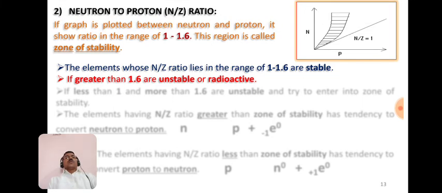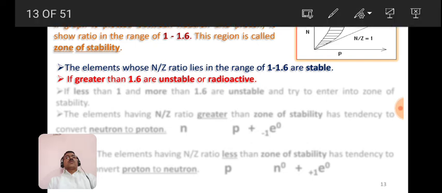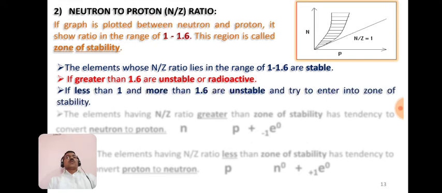If the n by z ratio is less than 1 or more than 1.6, they are found to be unstable, and such nuclei try to enter into the zone of stability. Zone of stability means the range 1 to 1.6.